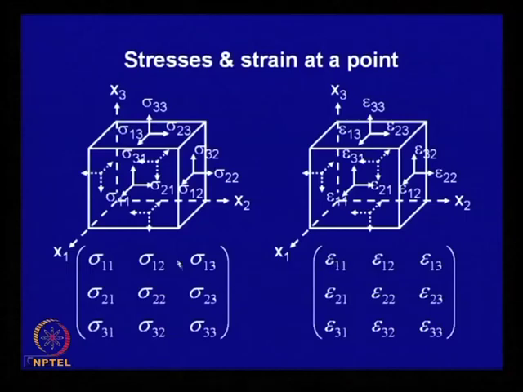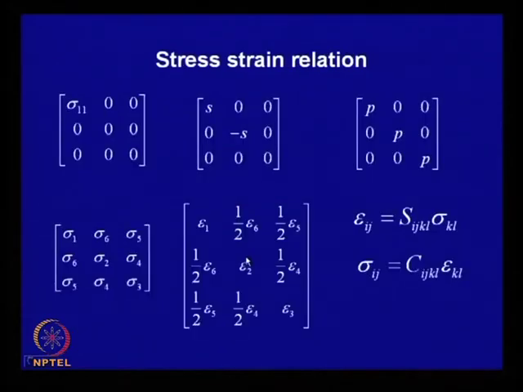So, you have 6 components of elastic stress, 6 components of elastic strain. Now, the advantage of this kind of matrix representation is that it helps you to transfer the state of stress from one reference axis to another reference axis.